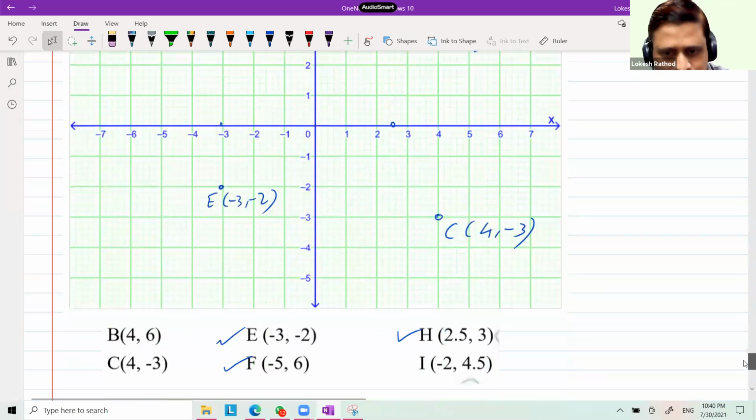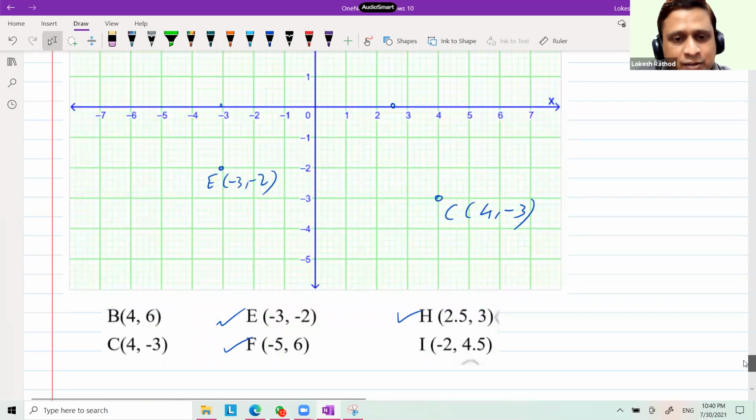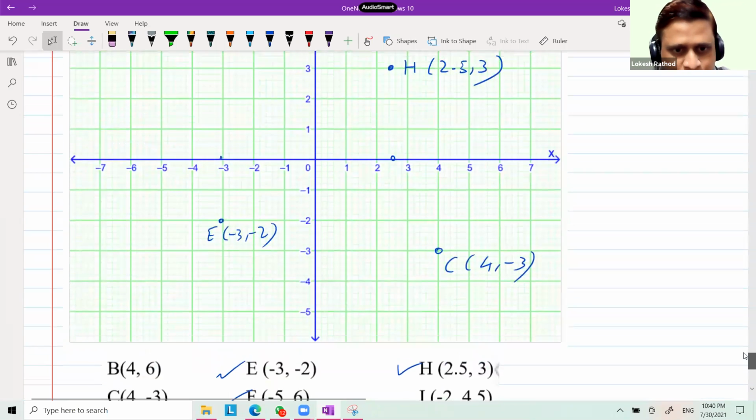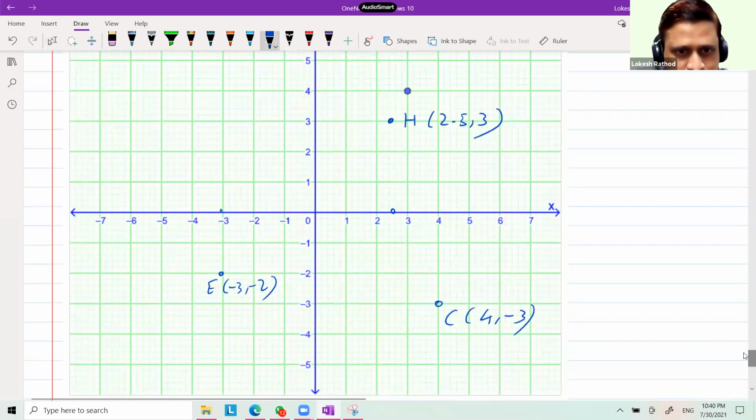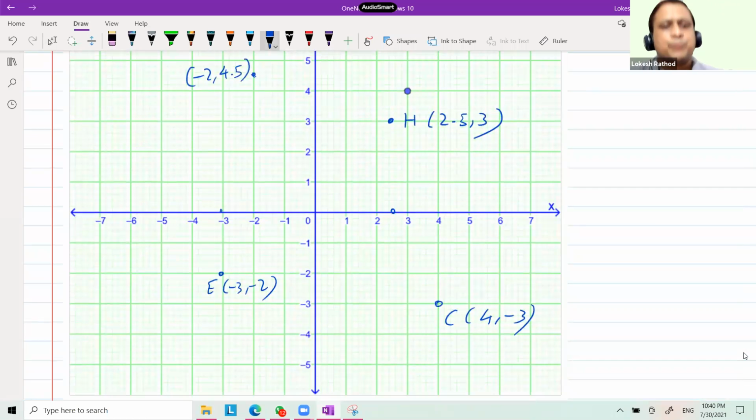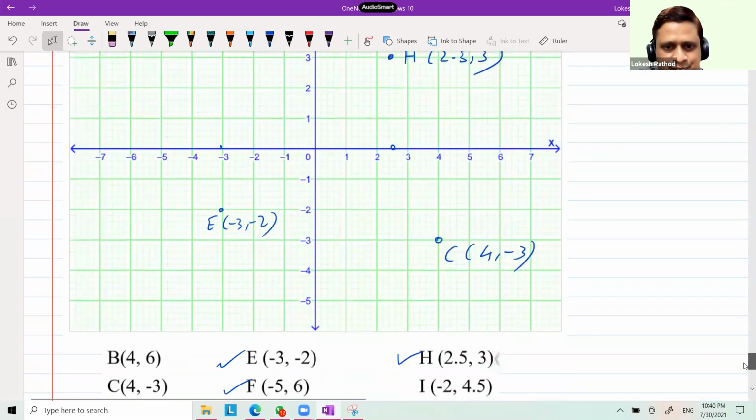Then we have (-2, 4.5): -2 is here and 4.5 is above the x-axis, so it's here somewhere. This is how we can represent the points on the Cartesian coordinate system.